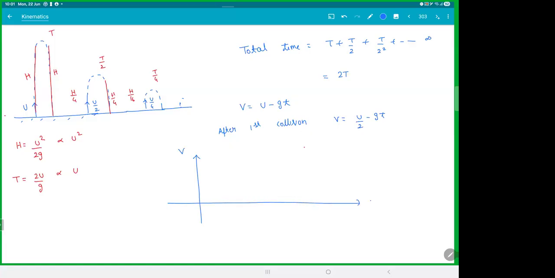So when you draw a VT graph, you will have parallel lines. And look at the time interval. The time interval is becoming smaller and smaller. Here you'll start with U. Here you'll start with U by 2. This should get even closer. U by 4.